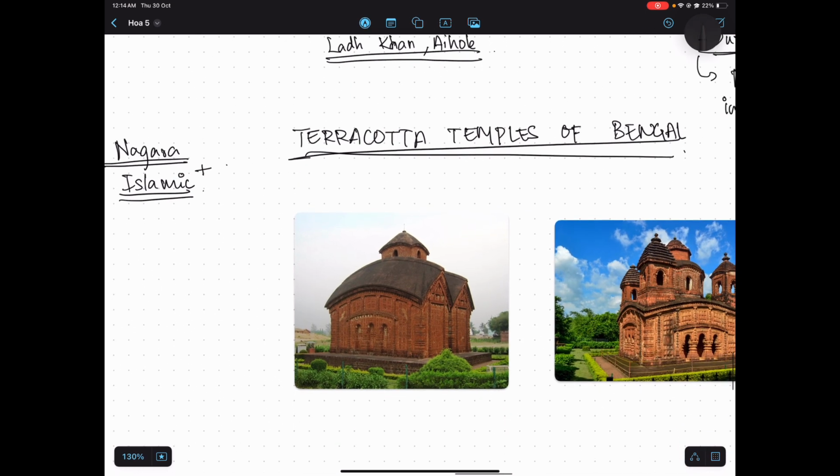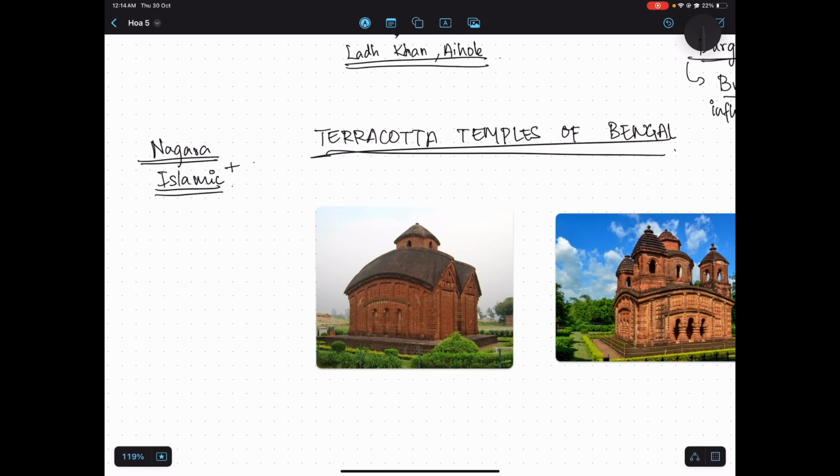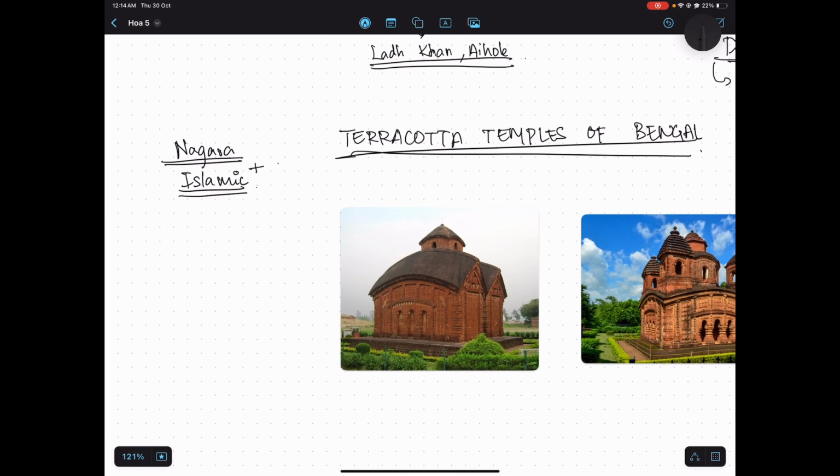So they had again 3 styles under them. First we'll talk about Jor Bangla.